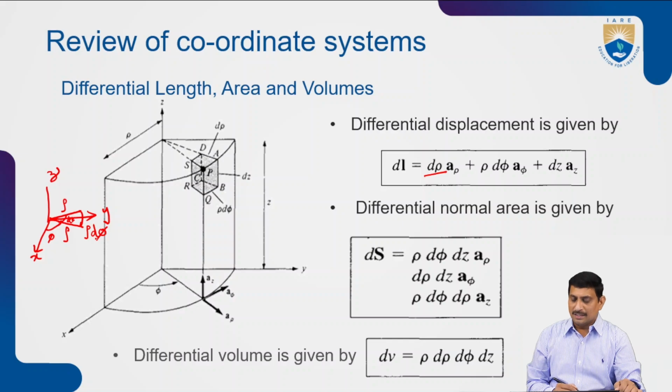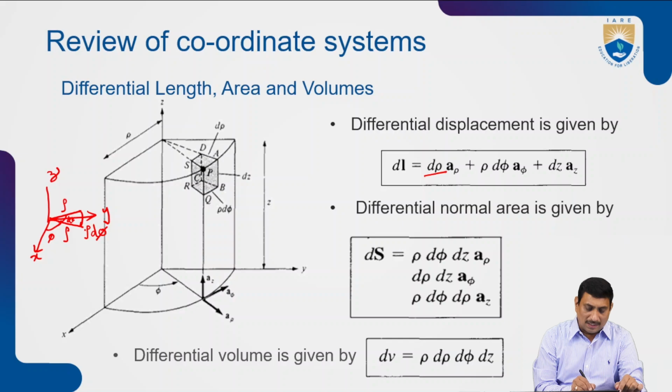The total incremental length in the phi direction is rho into d phi.